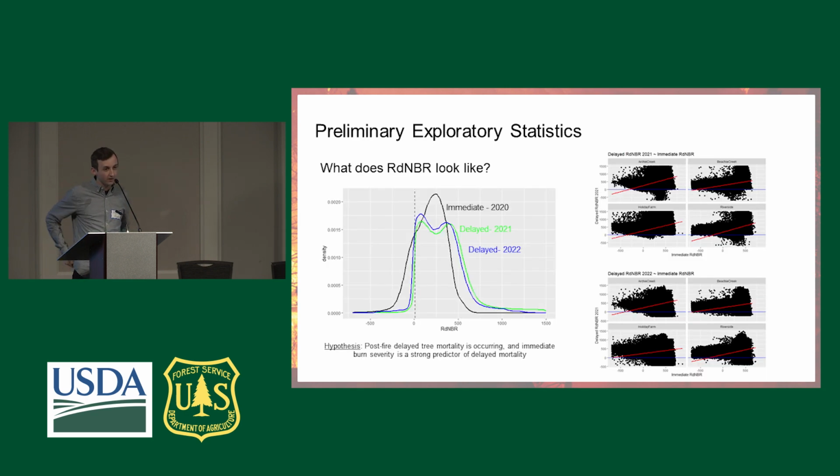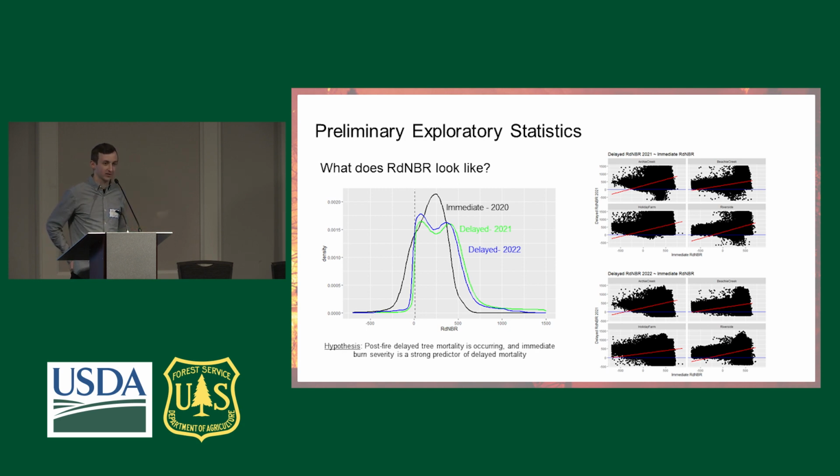These are the RD-MBR values that I've found so far, with the immediate in black, delayed mortality in 2021 in green, and delayed mortality in 2022 in blue. We do see a bit of a shift to the right, indicating that delayed mortality is occurring in these plots.